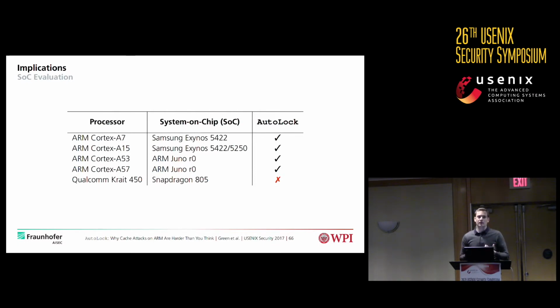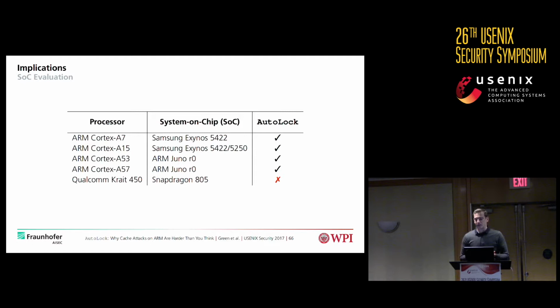We found AutoLock in a number of ARM chips, two version 7 chips, two version 8 chips, contained in different system on chips from different manufacturers, and we also see that the ARM-compliant core from Qualcomm does not have this behavior, this AutoLock.